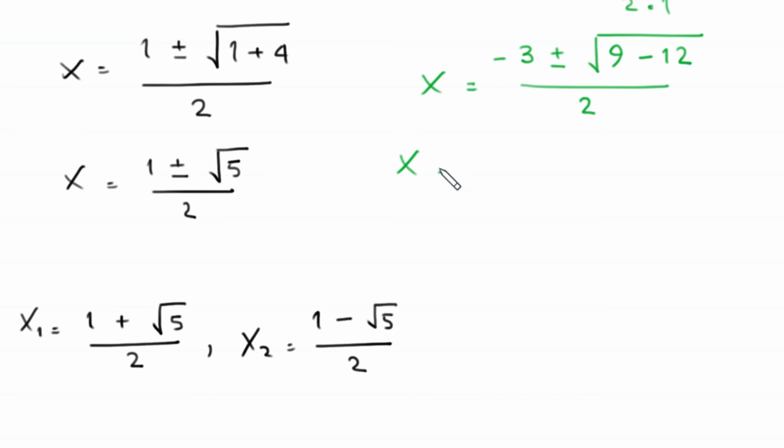Next, x is equal to negative 3 plus or minus square root of 9 minus 12 will become root negative 3, divided by 2.